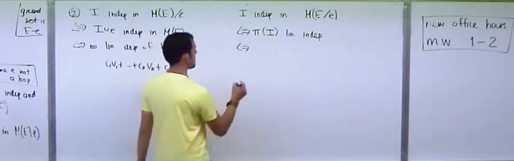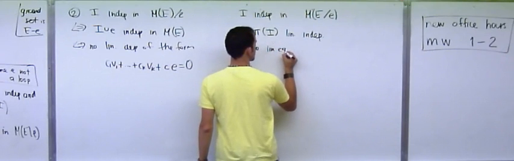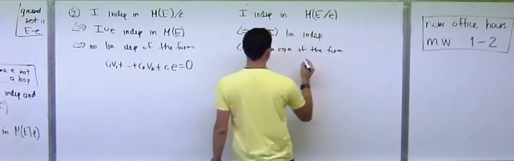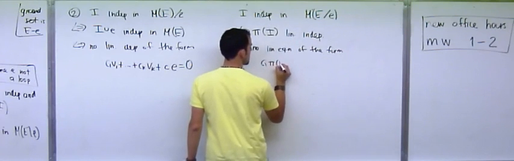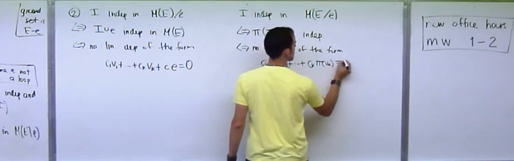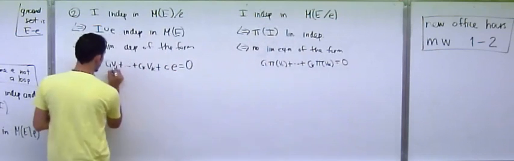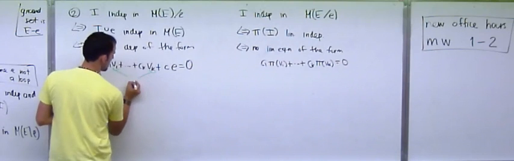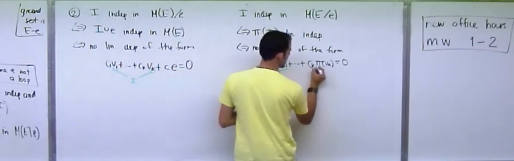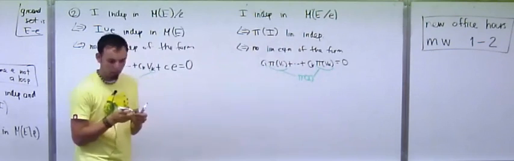In other words, you don't have a linear equation of the form C1 times the projection of V1 plus up to CK times the projection of VK equals 0. Okay. I should have said that V1 up to VK are I, right? And so the projection of V1 up to the projection of VK are the set of projections of I. Okay.